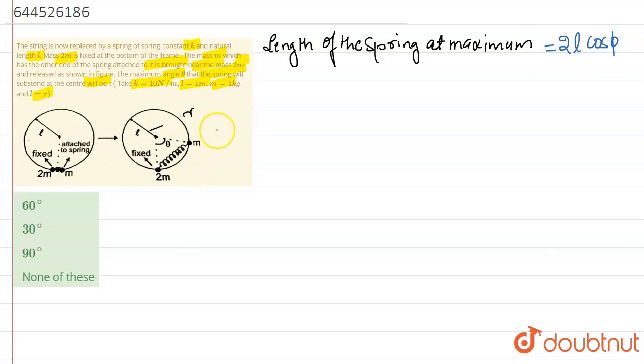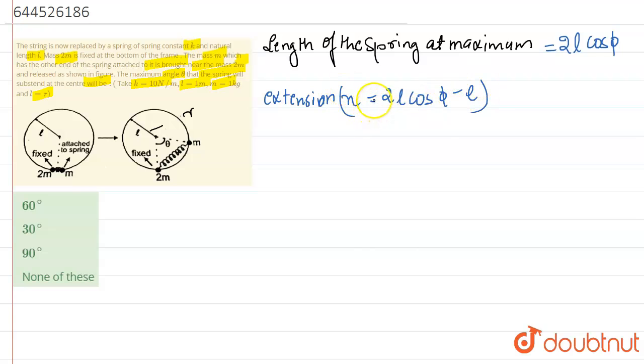Let the angle be phi, or you can call it theta also. Okay, so I am calling it phi. So what is the extension? The extension x is equal to 2L cos phi minus L.